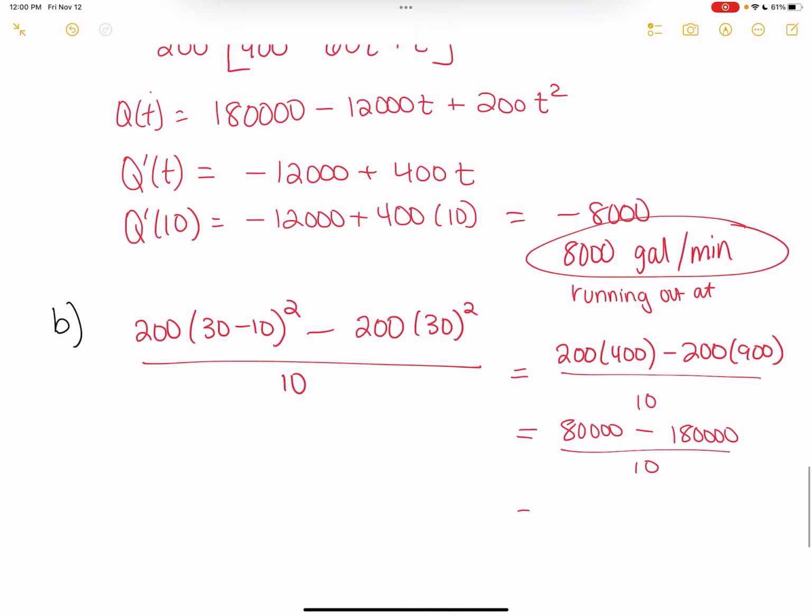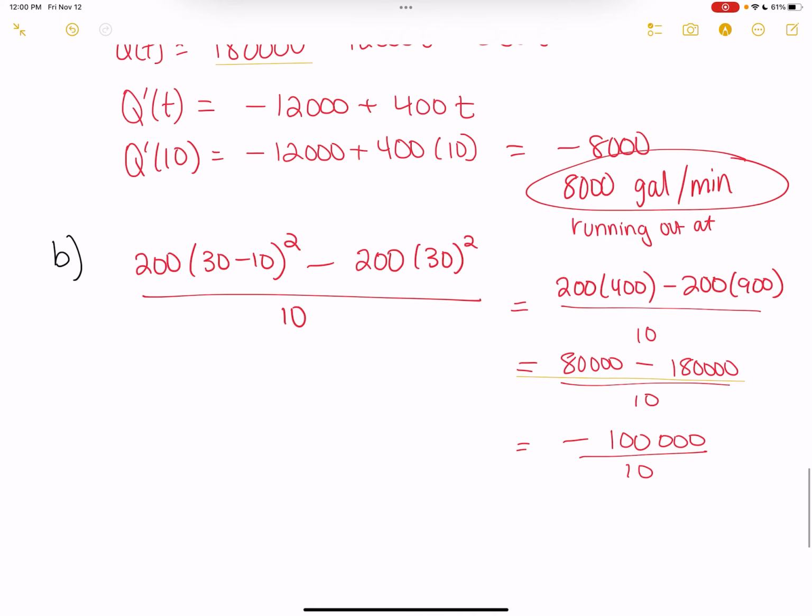So that's negative 100,000 divided by 10. One of the zeros is going to cancel off the top, so that's just going to give me negative 10,000. Okay, which means that for that question it says what is the average rate at which the water flows out during the first 10 minutes? It's 10,000 gallons per minute that it's flowing out.